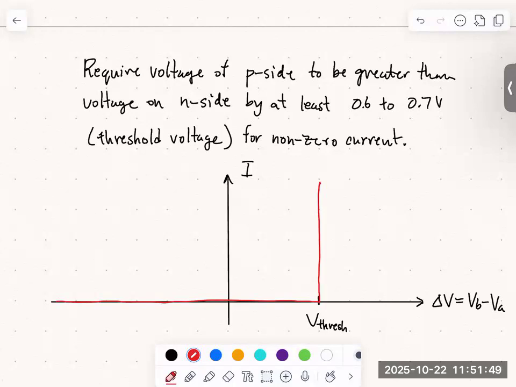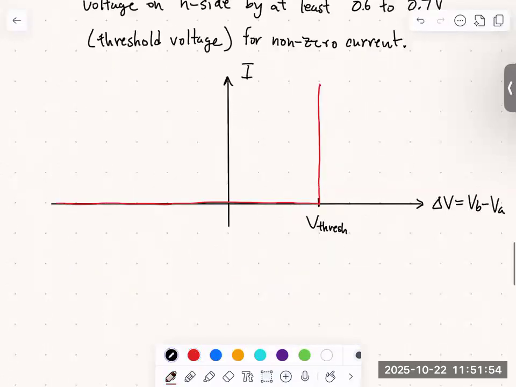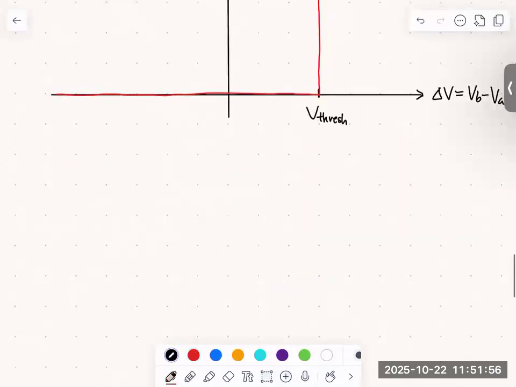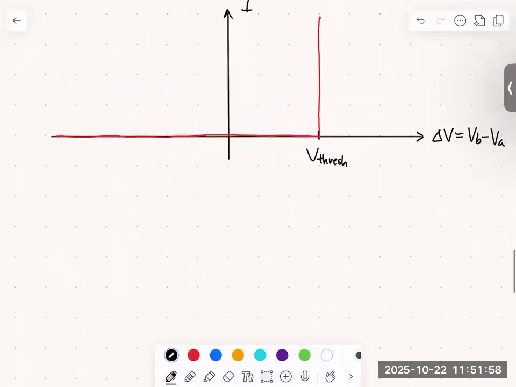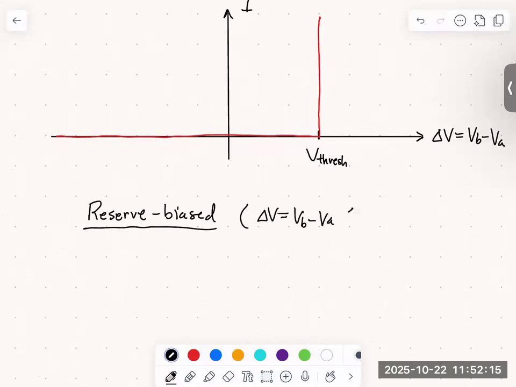Okay, so let's think about how the diode actually behaves when incorporated into a circuit. So we're going to start by considering a so-called reverse biased diode. Reverse biased diode means that this delta V, VB minus VA, is going to be less than V threshold.